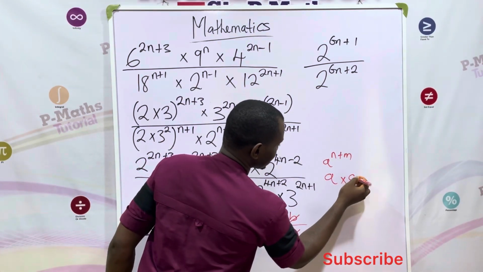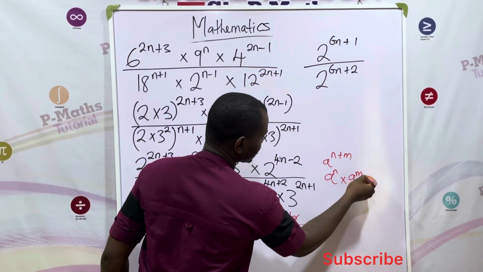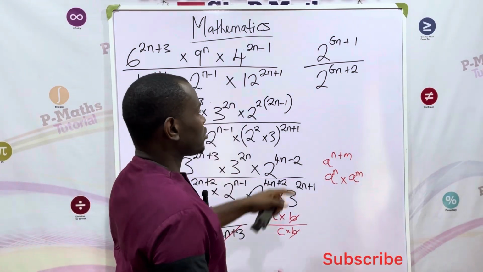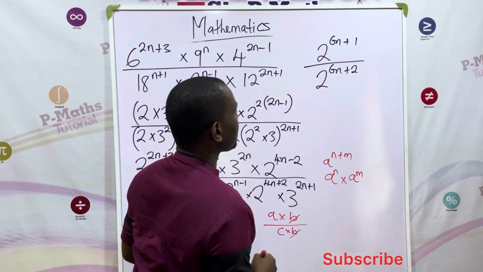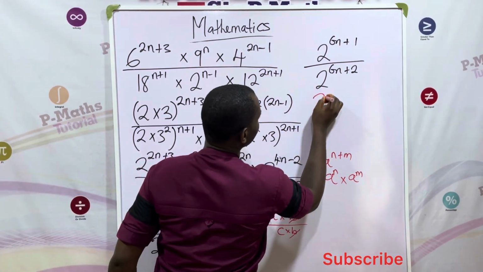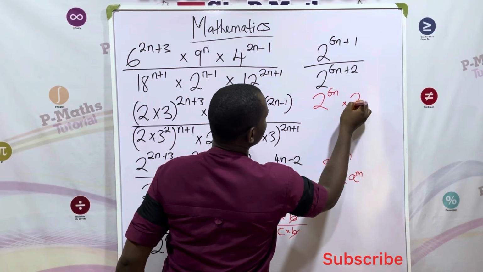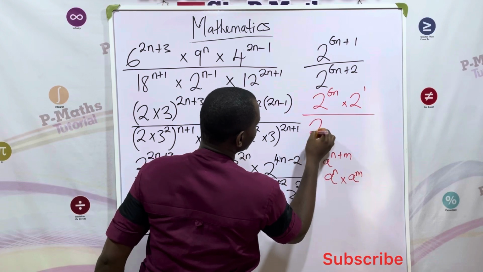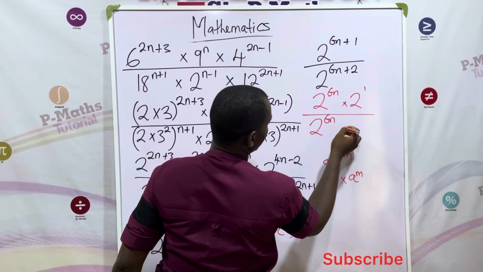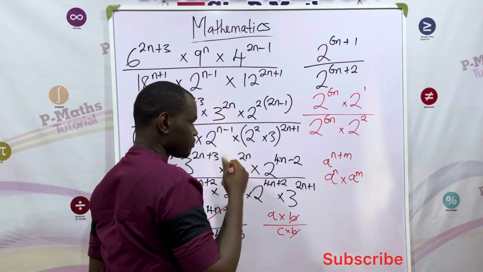So a to the n times a to the m. Let's do the same thing here. Consider this as n and here as m. So splitting, we will have 2 to the power of 6n times 2 to the power of 1. Same here, 2 to the power of 6n times 2 to the power of 2.